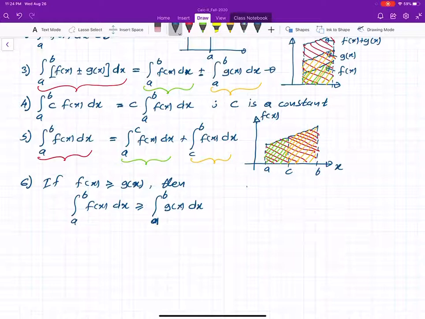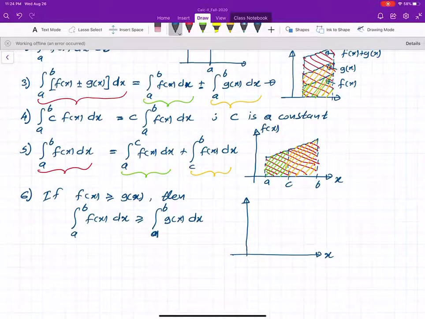Now let me draw a function here. Let's say this is x, and you know that f of x is greater than g of x. Let's say this is g of x, and let's assume that is f of x.